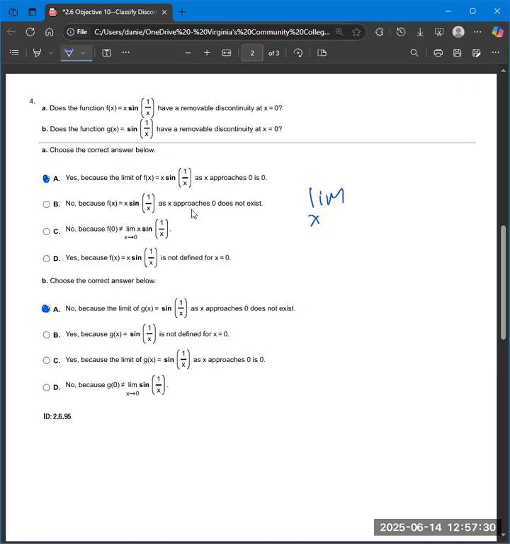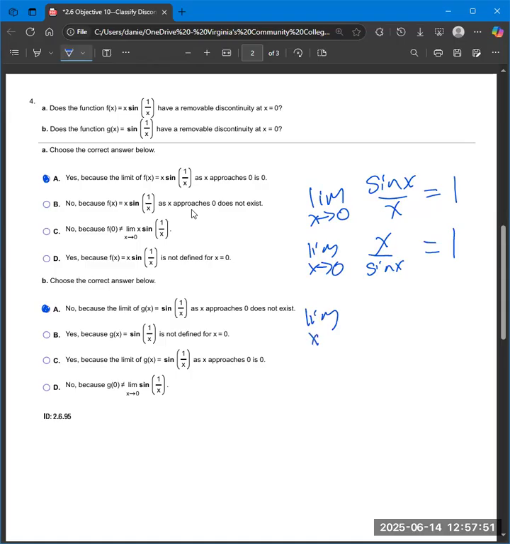The limit as x approaches 0 of sine x over x is going to be equal to 1, and the limit as x goes to 0 of x over sine x is also 1.